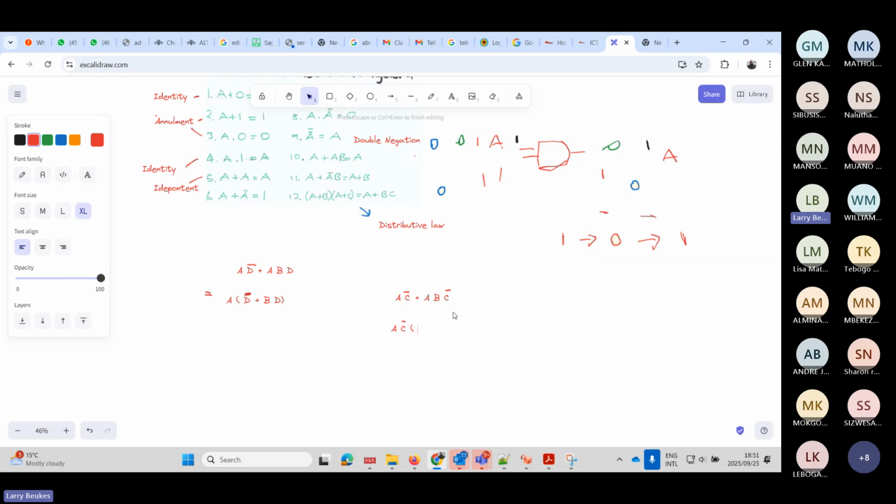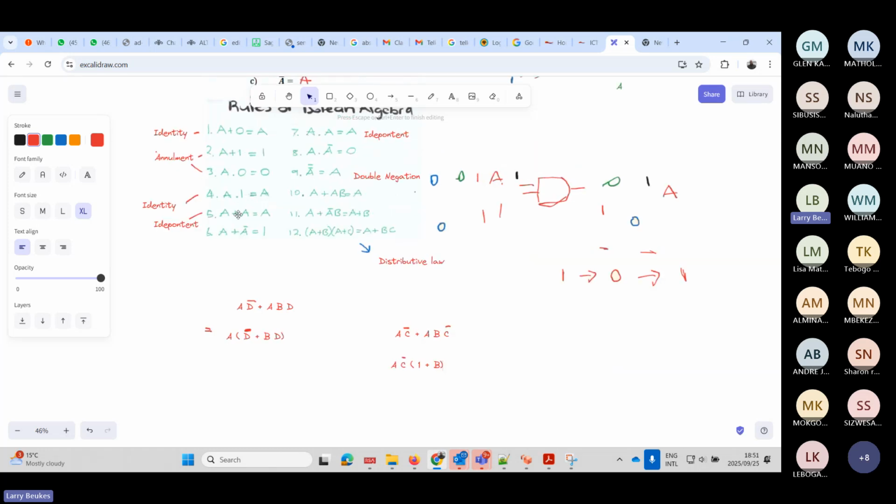Open bracket. So this will be 1 plus AC naught multiplied by B, right? So we know 1 plus B. So this is how you solve it, right? So the moment you take out this, you need to write the rule name, right? Let's put it there, distributive.